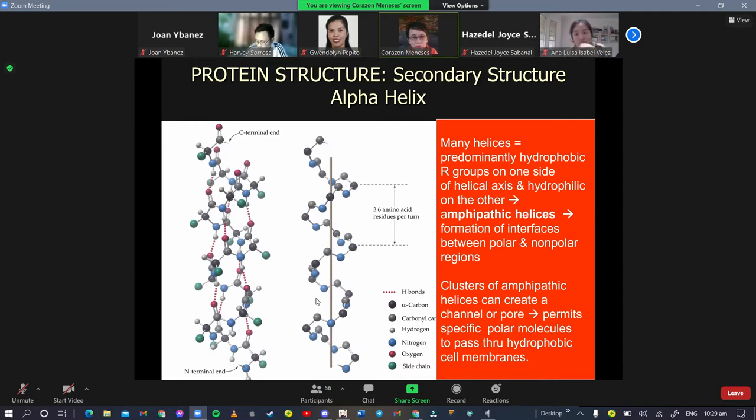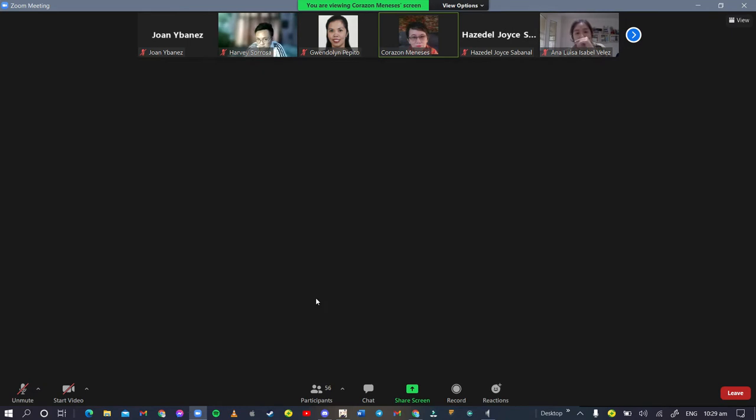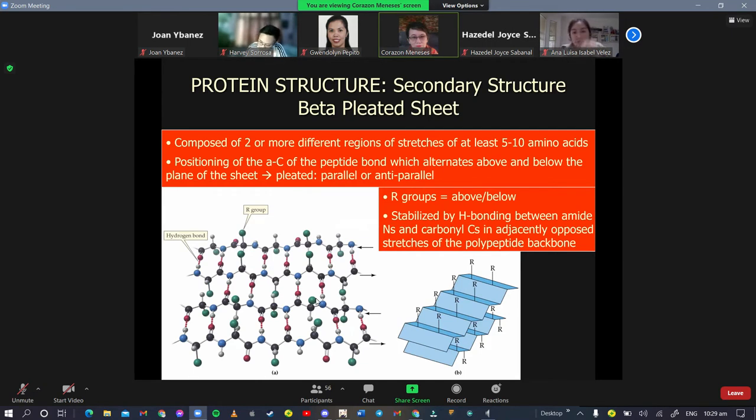The next is the beta pleated sheet. Okay, this time, where is the positioning now of your R group? It is above or below. So it forms 2 or more different regions or stretches of at least 5 to 10 amino acids. Okay.